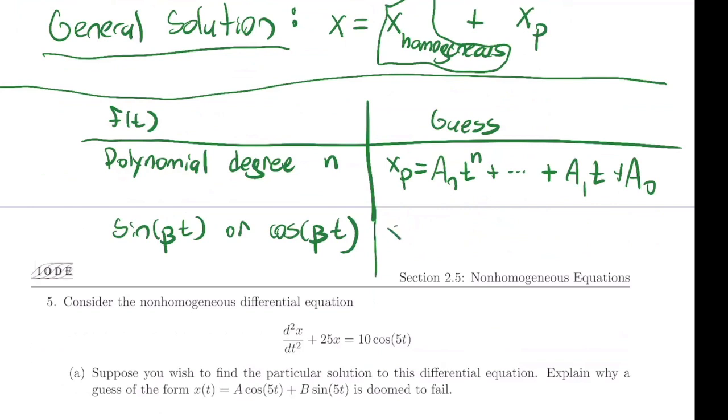Our guess here would be a times the sine of beta t plus b times the cosine of beta t. So that's what we can see from the first couple of examples. And let me add one more to this.